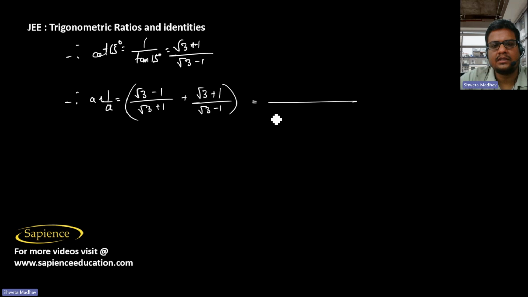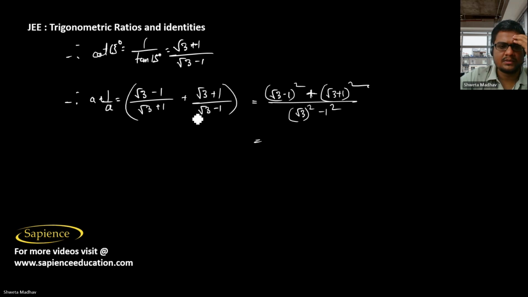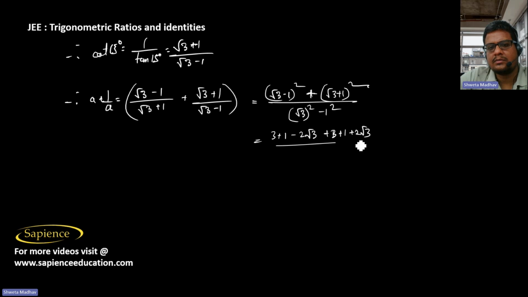So if we take the LCM, that will be root 3 square minus 1 square, and in the numerator I get (root 3 minus 1) whole square plus (root 3 plus 1) whole square. So this will be 3 plus 1 minus 2 root 3 plus 3 plus 1 plus 2 root 3, divided by 3 minus 1.